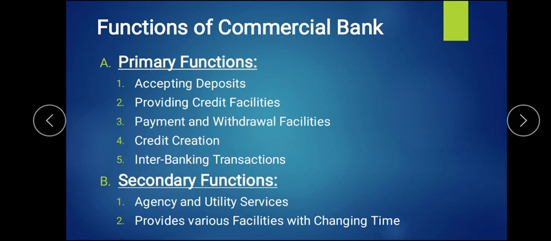As time goes on, different forms of transactions are provided by the bank to us. All these functions we are going to learn in the next chapter. Just remember these points, and we'll study all of them in great detail in the next lecture.